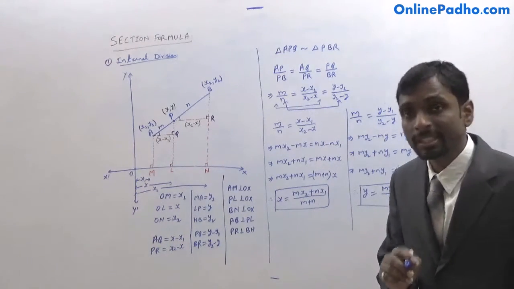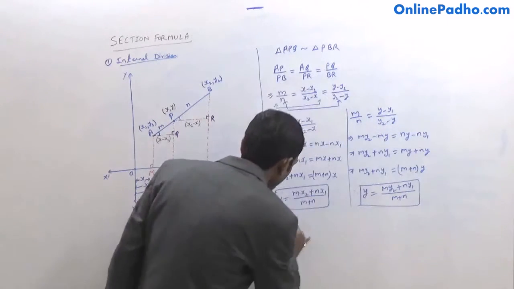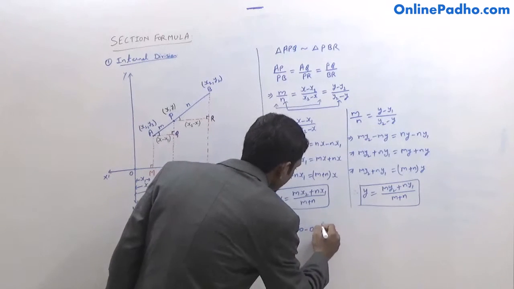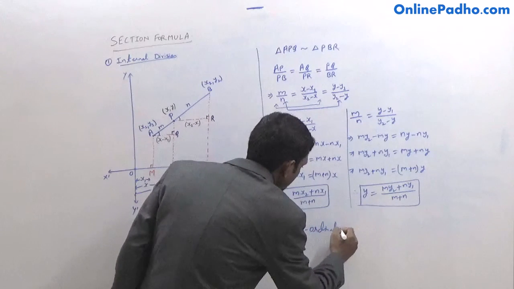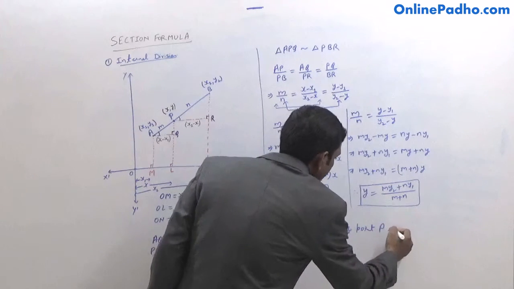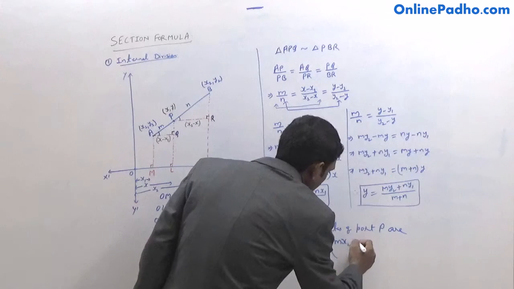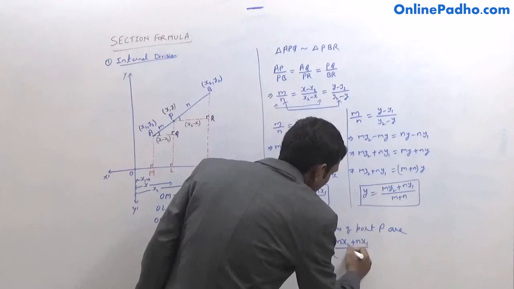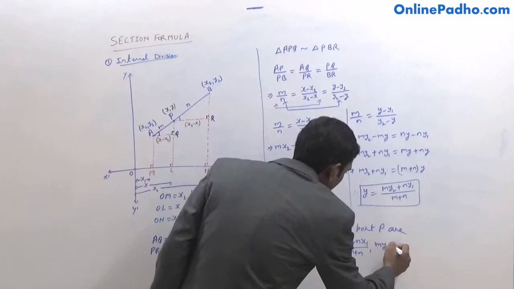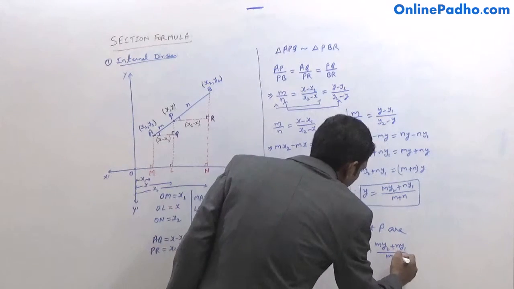So now we can say the coordinates of point P are Mx2 plus Nx1 divided by M plus N, and My2 plus Ny1 divided by M plus N. Very simple.